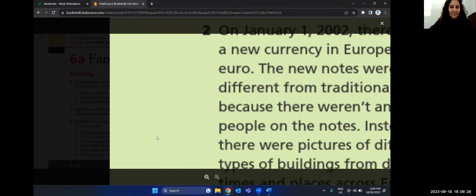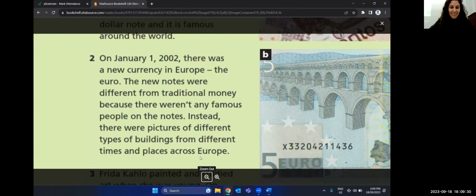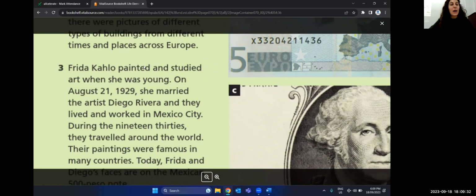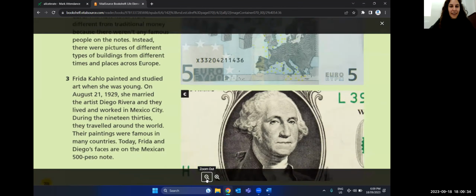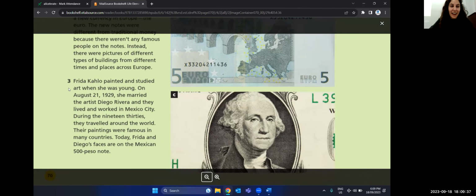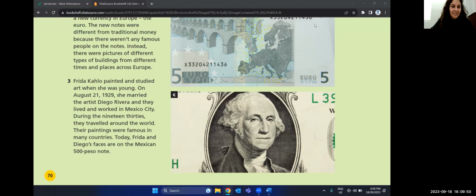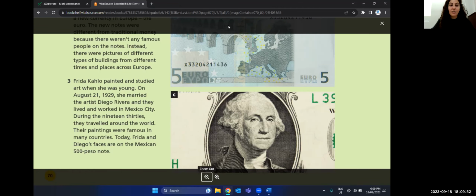Frida Kahlo, sorry if I'm saying it wrong, painted and studied art when she was young. On August the 21st, 1929, she married the artist Diego Rivera, and they lived and worked in Mexico City.